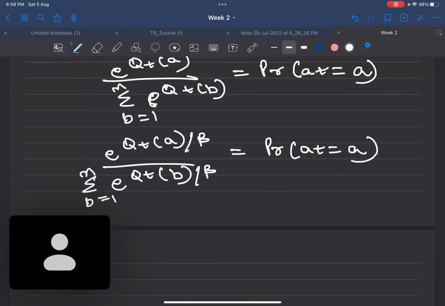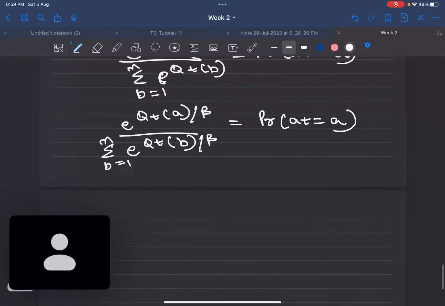As we cool down the beta, we'll be driving it more in a softmax way. Yes, you are correct. Beta is like a temperature. It tells us how much we should explore and how much we should exploit, in one sense.